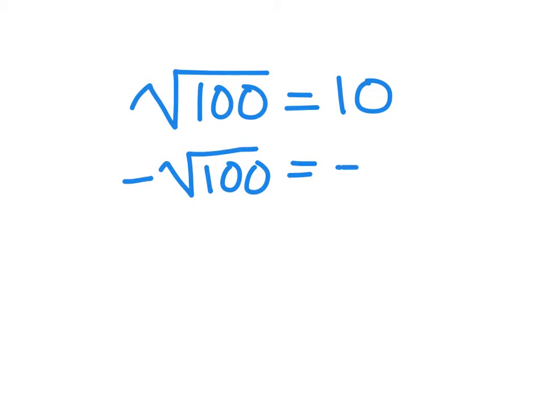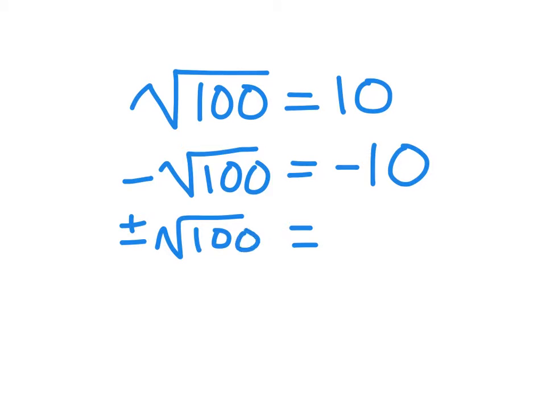That would be equal to negative 10, because 10 times 10 is 100, and we put a negative sign in front of that, therefore it's negative 10. Plus or minus the square root of 100 would be the positive or negative square root of 100, so you would also write that with the positive or negative symbol in front of it.